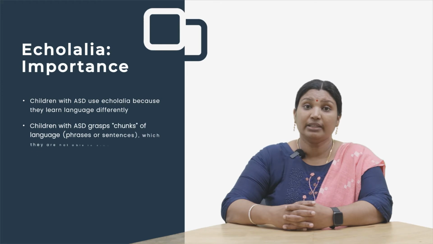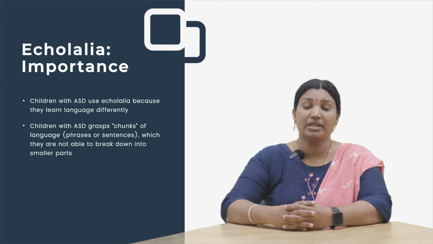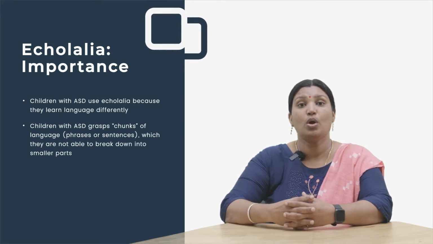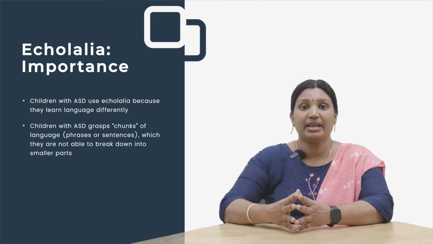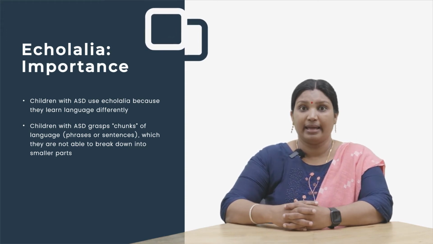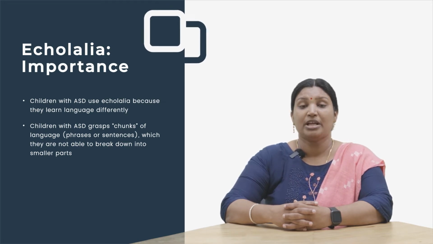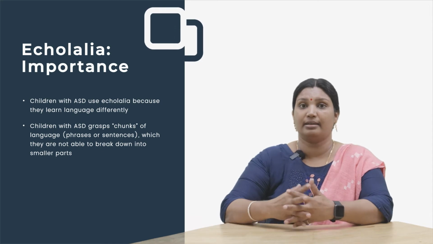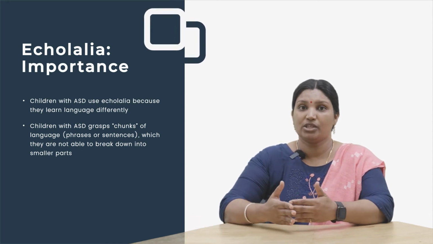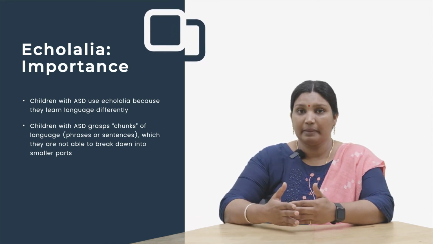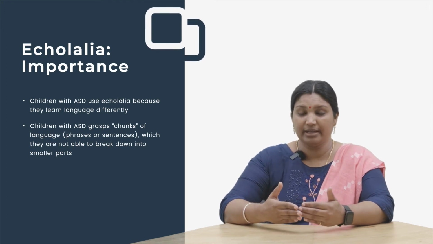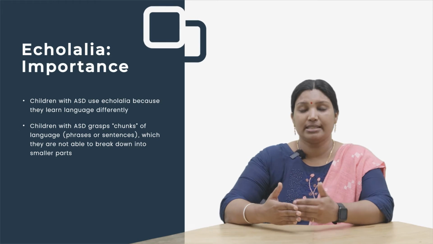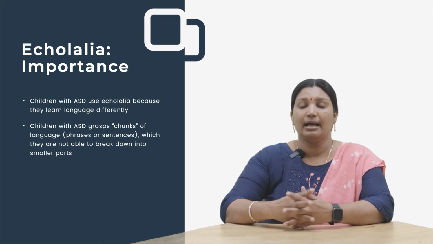But children with ASD sometimes understand language as chunks. They are not able to divide it into different words or sentences. That is, if they hear it's not time for dinner, they have heard the words, but they repeat it again and again, and they are not able to figure out that it's, not, time, dinner are different words.